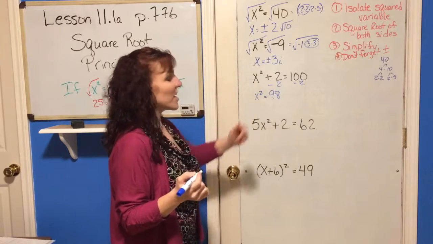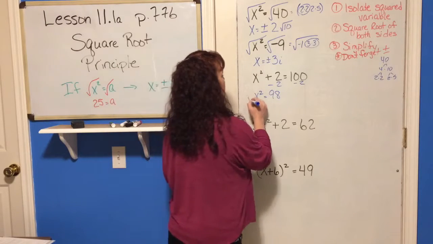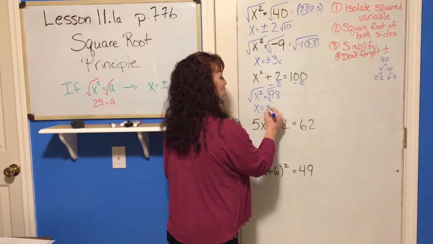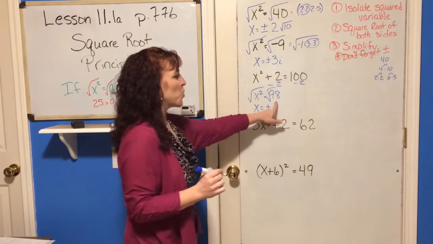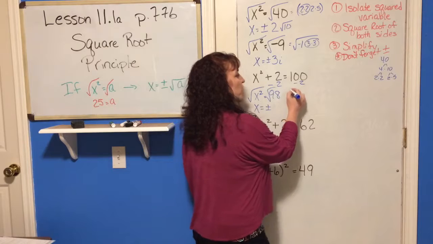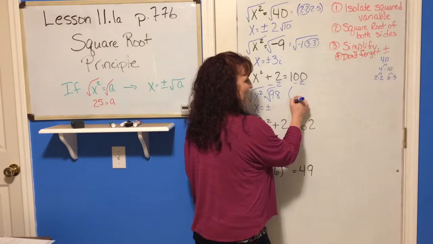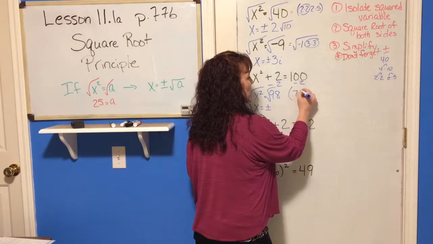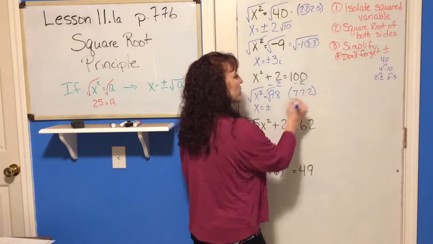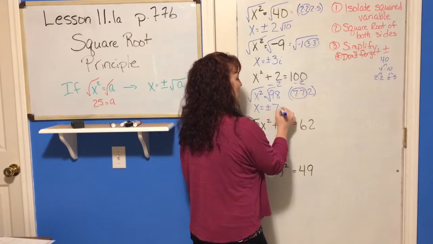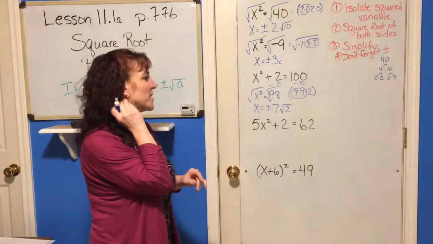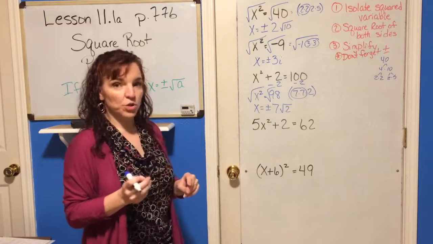Now we take the square root of both sides, and x equals, don't forget, plus or minus the square root of 98. 98 is actually 49 times 2, which is 7 times 7 times 2. So we take a 7 out and keep the square root of 2. So x equals plus or minus 7 square root of 2.